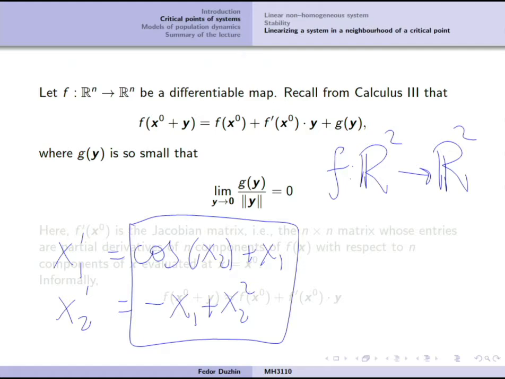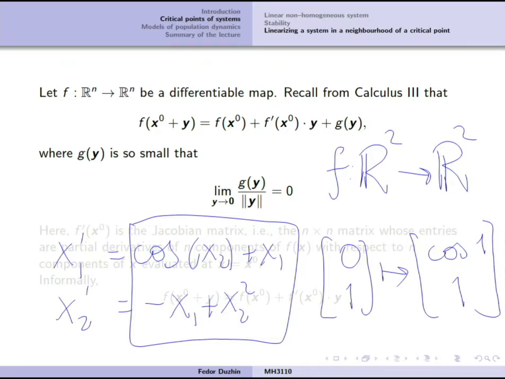So for example, if, say, the two numbers are 0, 1, then the output, the first entry is going to be cosine of x2, so cosine 1 plus 0, cosine 1, and the second entry is going to be minus x1, so minus 0 plus x2 square. X2 is 1, so it's 1 squared, which is also 1, and so on. So you can do it for every combination of the x1 and x2, and overall you have a map from R2 to R2.